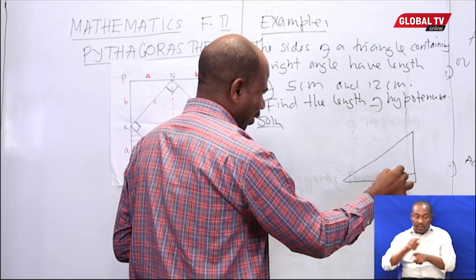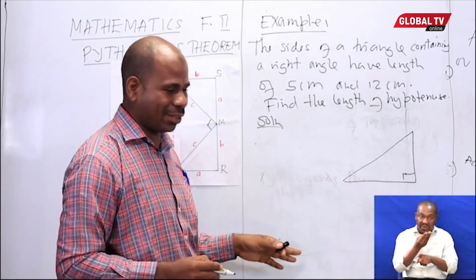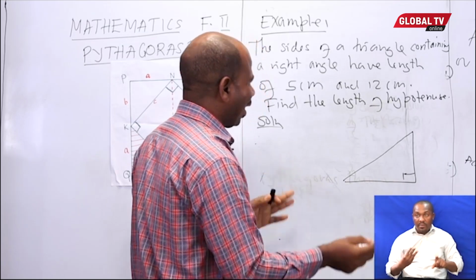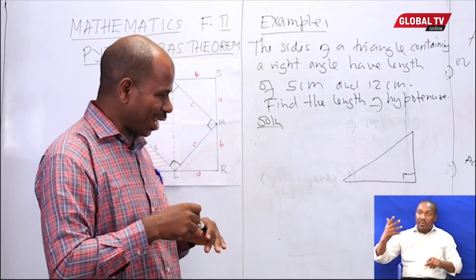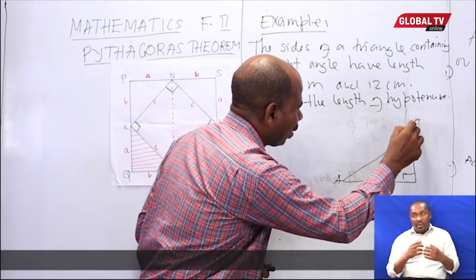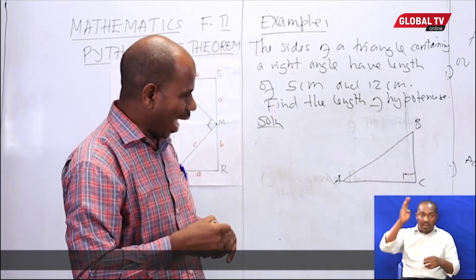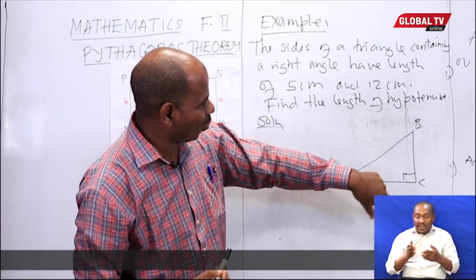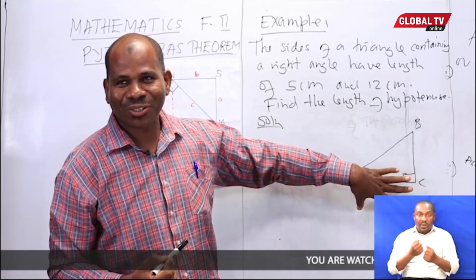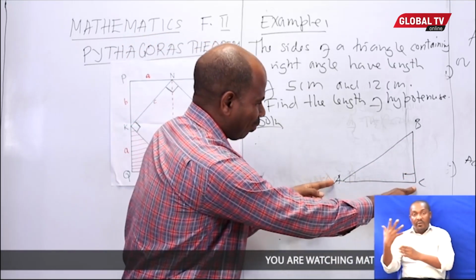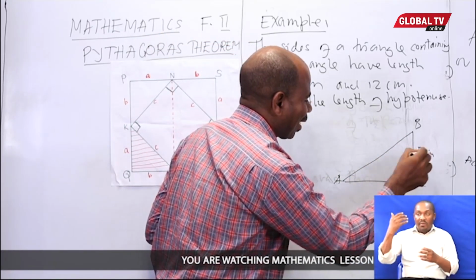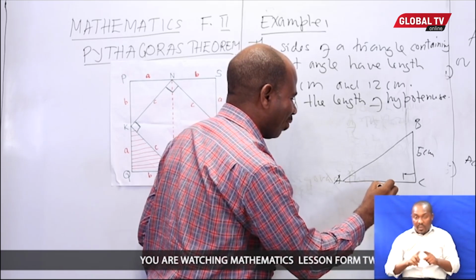So tell me, if the triangle is called ABC, which side is 12 and which is 5? This should be 5 centimeters and this one is 12 centimeters.